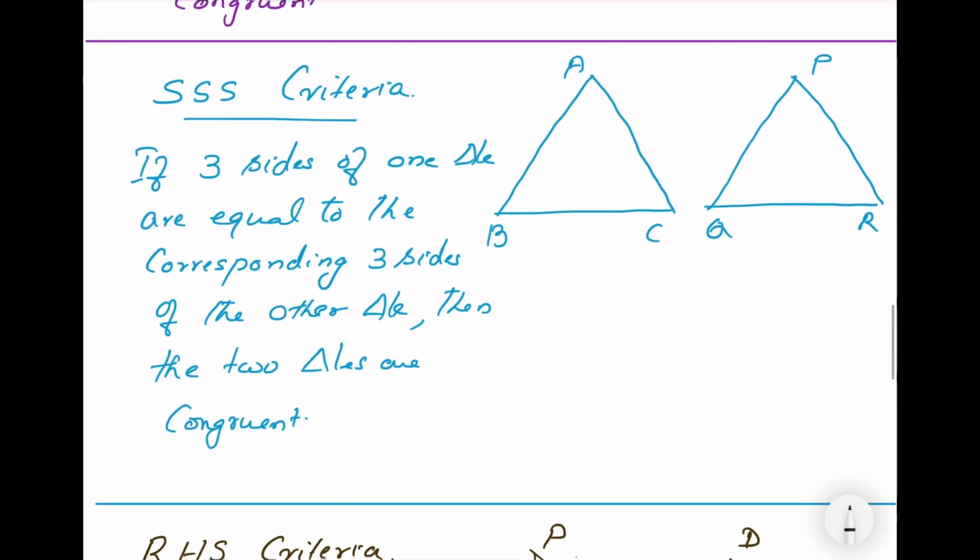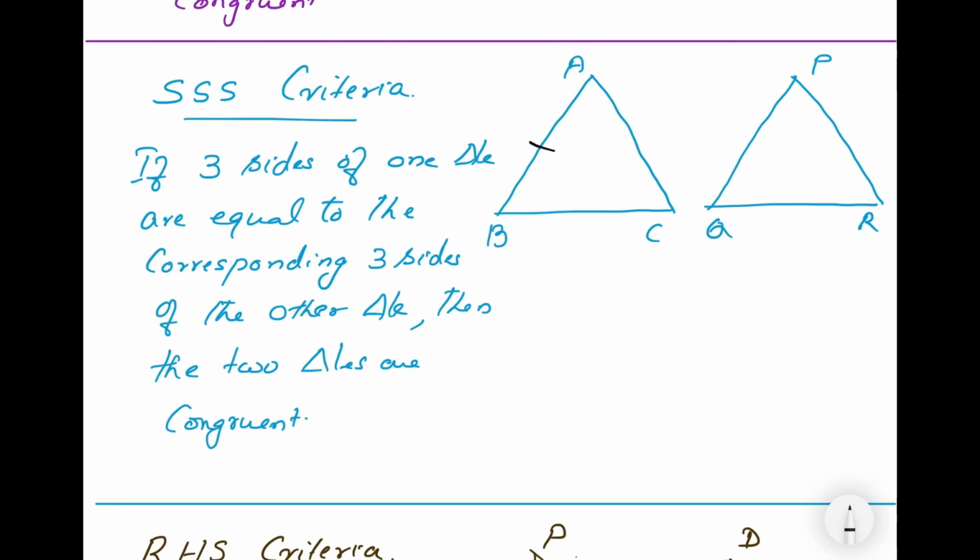Now comes the SSS criteria. Here no angle is there, all the three corresponding sides are equal, then you can say the triangles are congruent, and automatically the three angles will be equal.